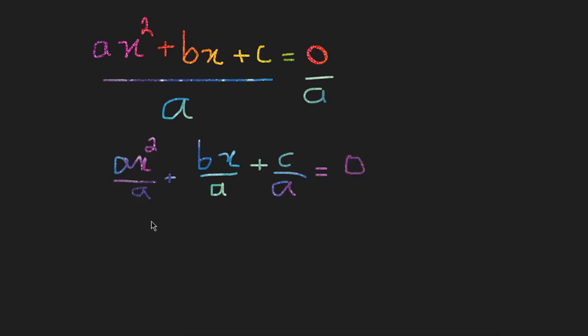In the next step, we move the constant part, c over a, to the other side, and the a and a got cancelled, and now we get x squared plus bx over a equals negative c over a.